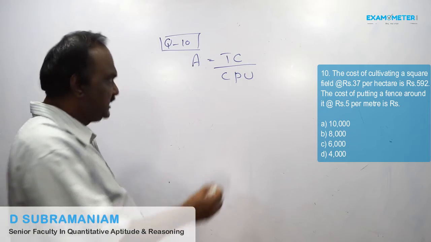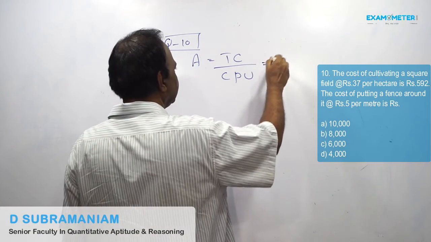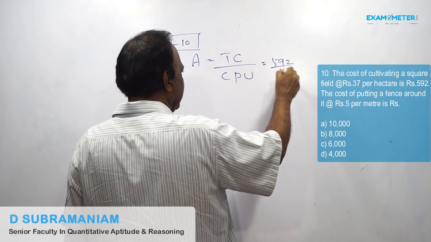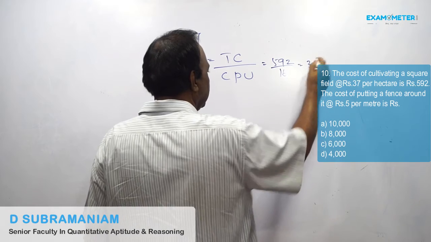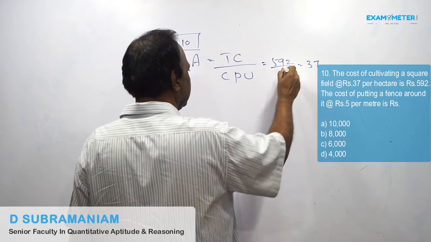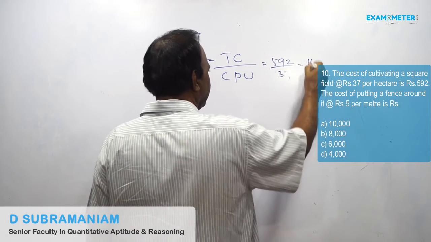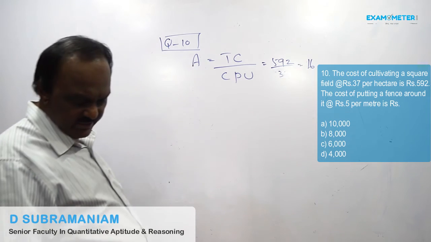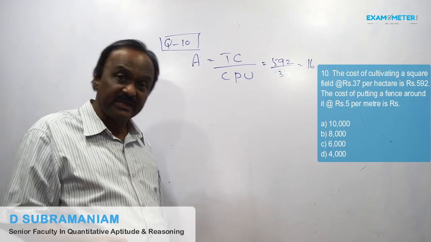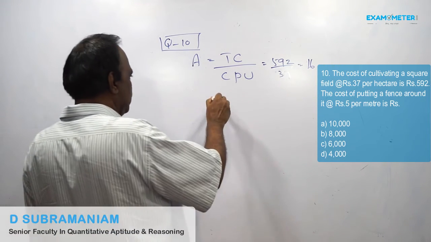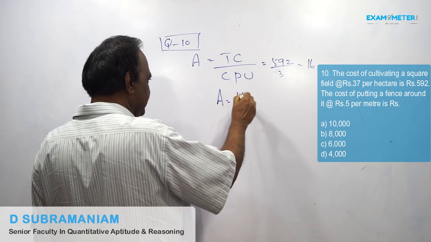Total cost is rupees 592 divided by 37, that is 16 hectares. So area is equal to 16 hectares.